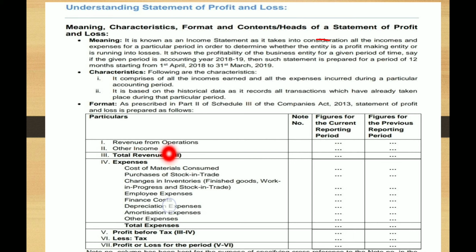So after ascertaining the revenue from operation and other income, you have to make total revenue by adding both of these heads.